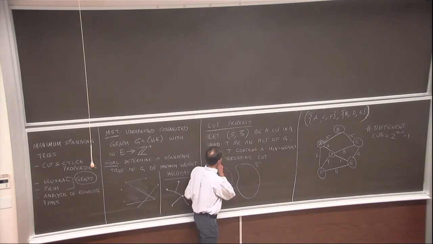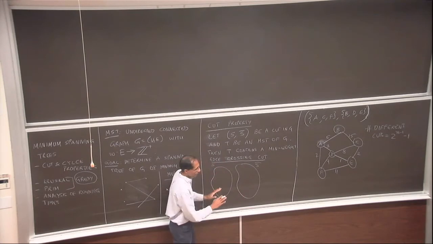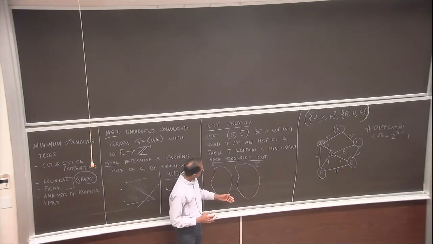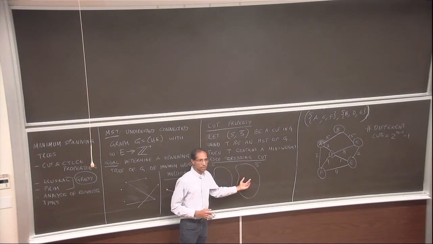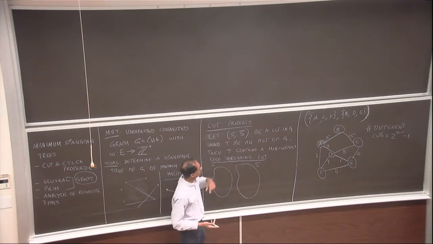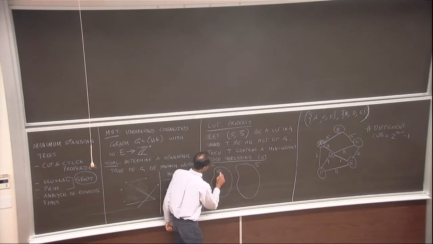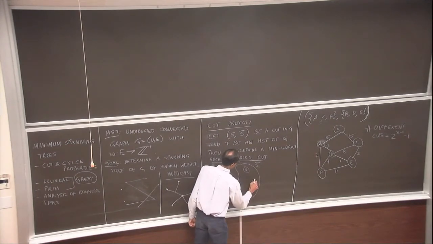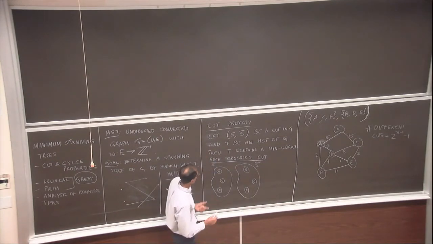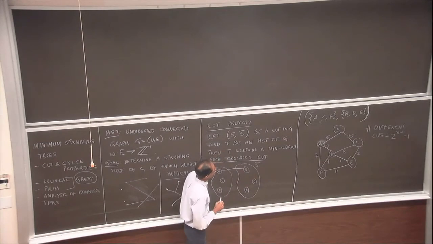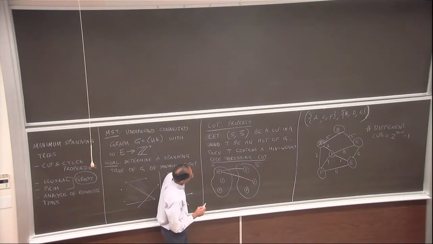One is edge crossing cut. So this is the cut. When I say edge crossing cut, I mean any edge with one vertex in S and the other vertex in S complement. So if I were to take A, C, and F here, what are the edges crossing the cut? AB, AD, and there is no AE.